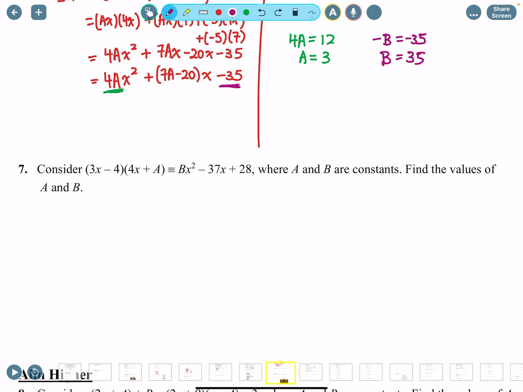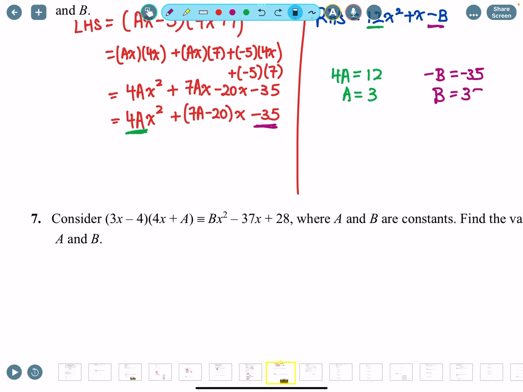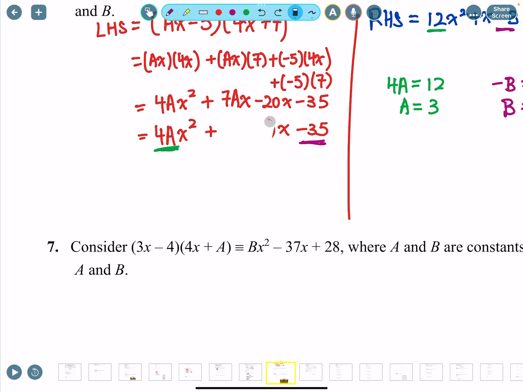You can actually check. So 7 times 3 minus 20. 21 minus 20 is 1. So we have 1x, right? Is it 1x? Yes, it's 1x. So it works. So for now, actually, you can just omit this step.